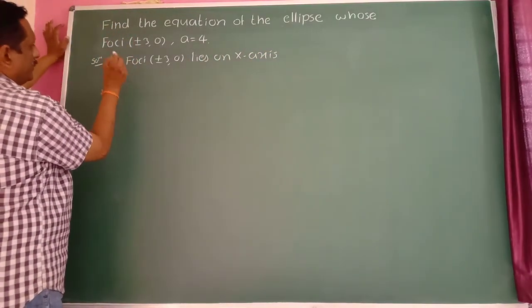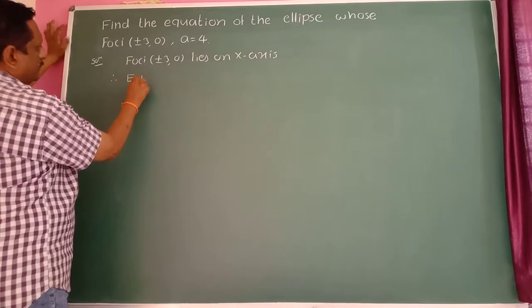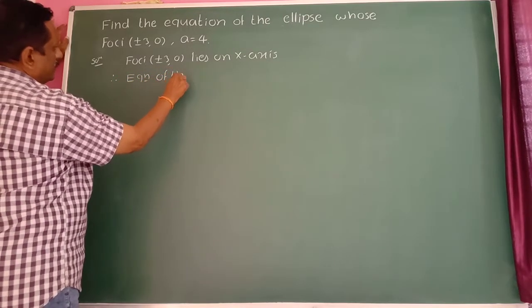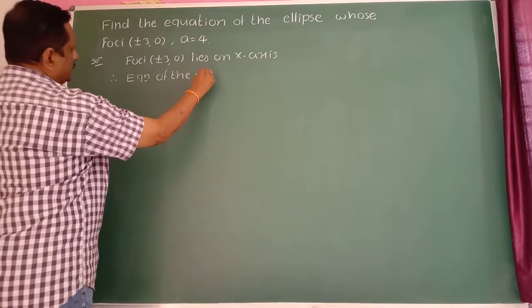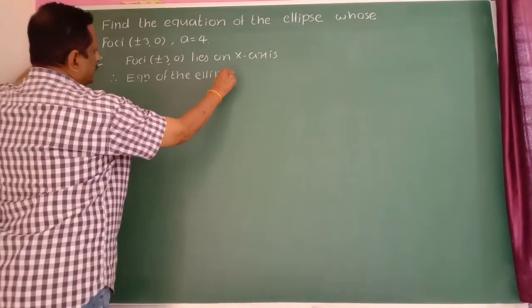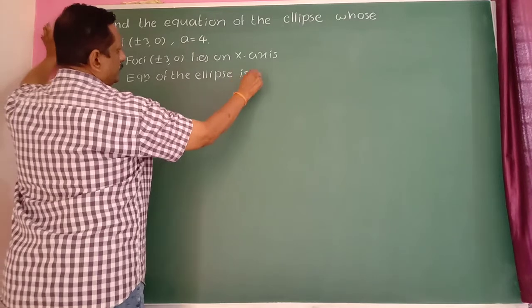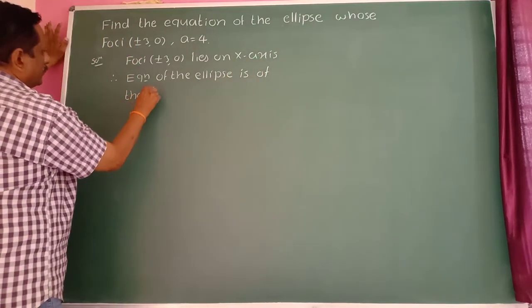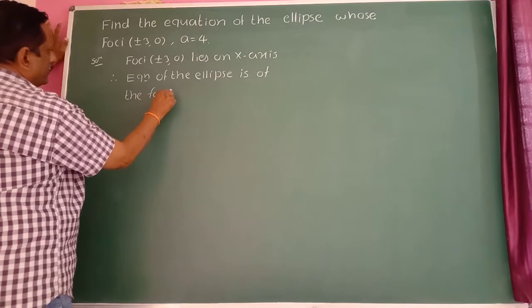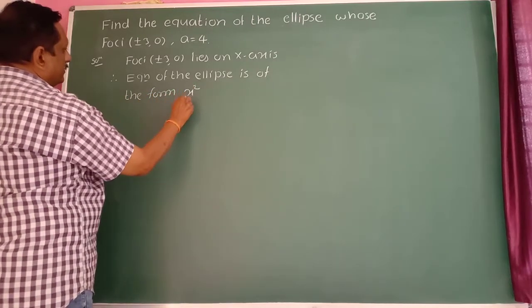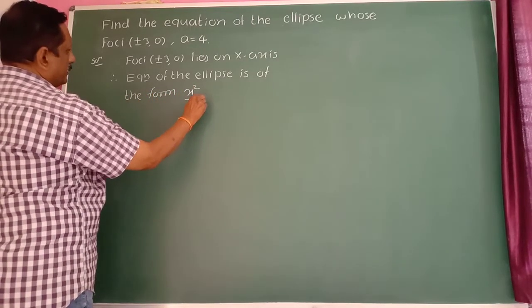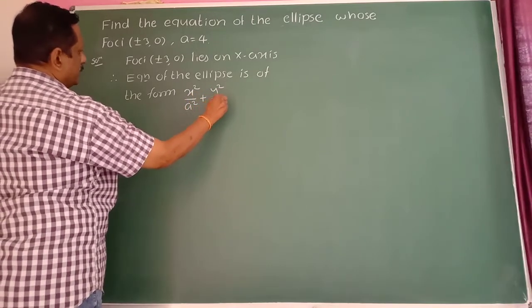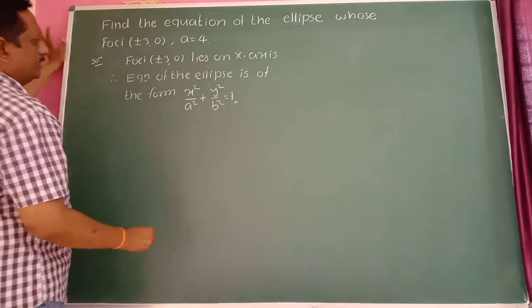Therefore, equation of the ellipse is of the form x square divided by a square plus y square by b square is equal to 1 here.